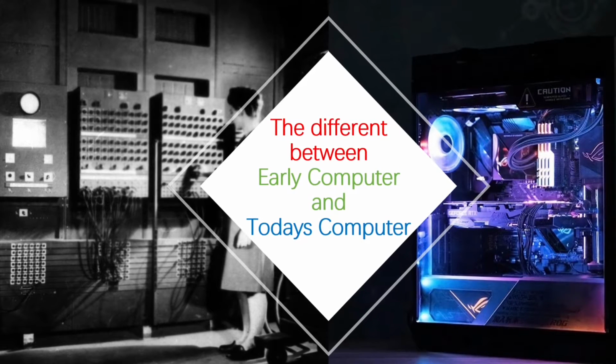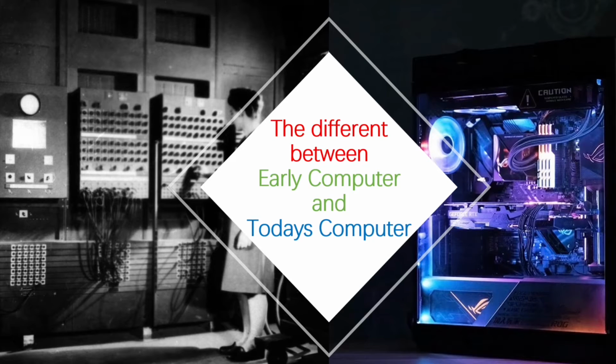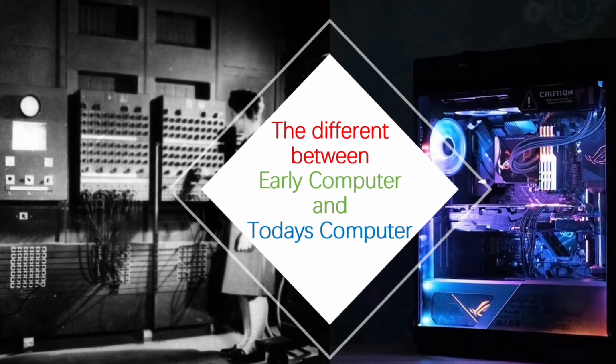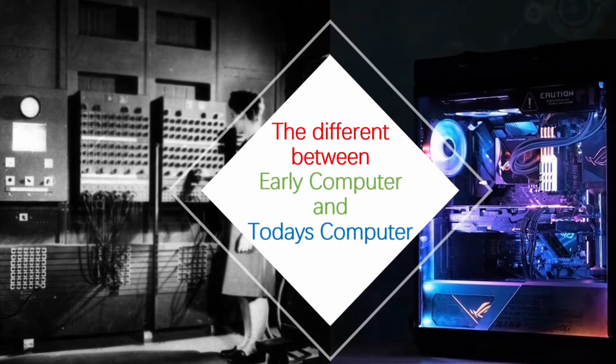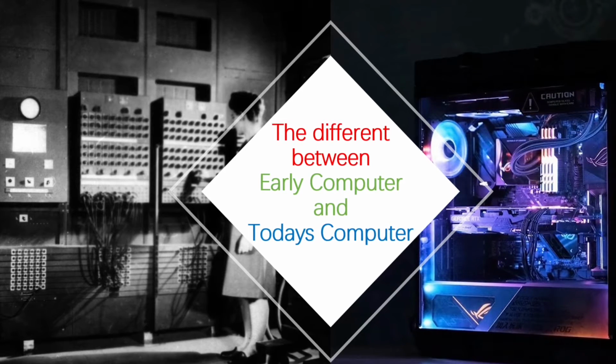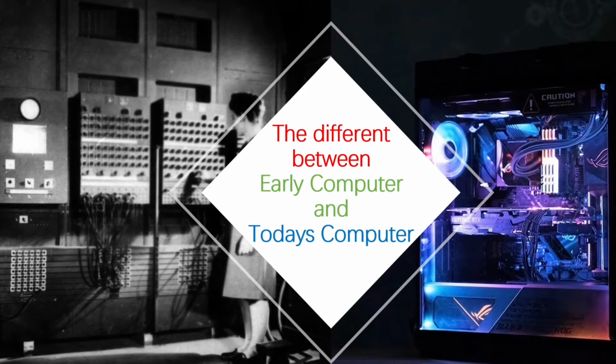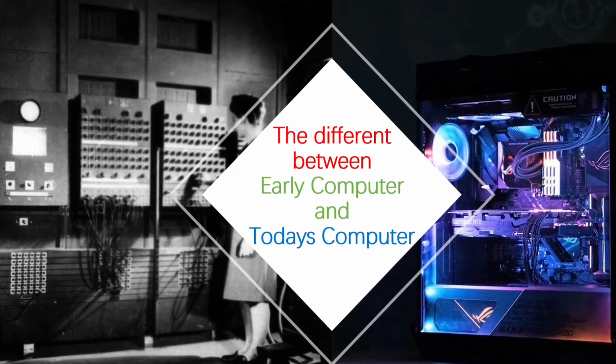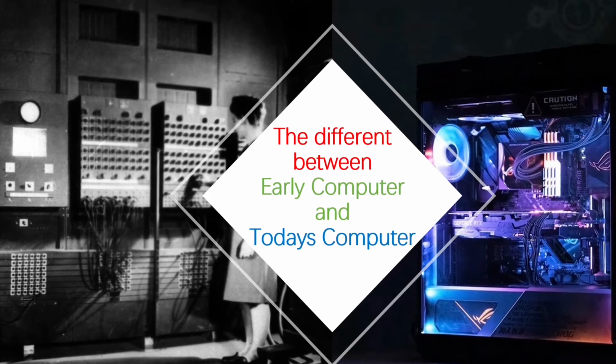It's not difficult to find that earlier computers were slow, but modern computers are fast. In terms of function, the use of earlier computers was relatively limited, and the use of modern computers is very wide. The specific content will be introduced by my friend below.